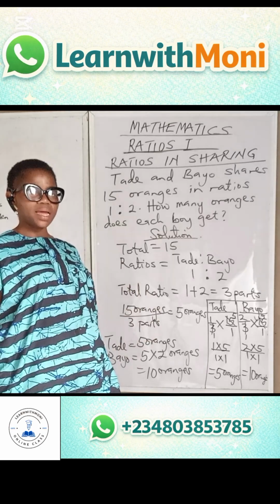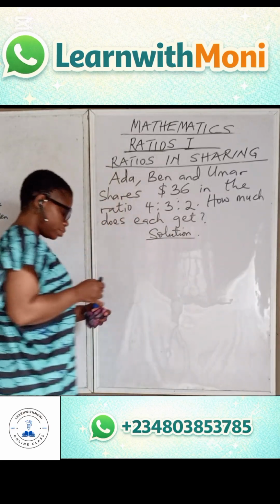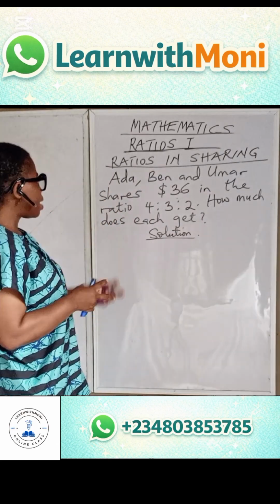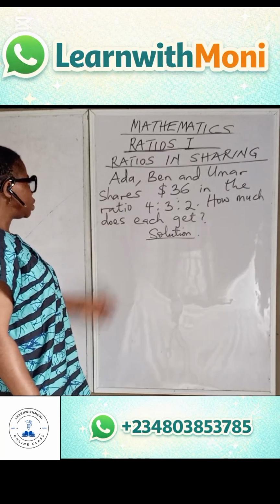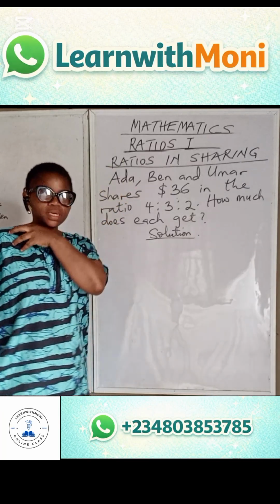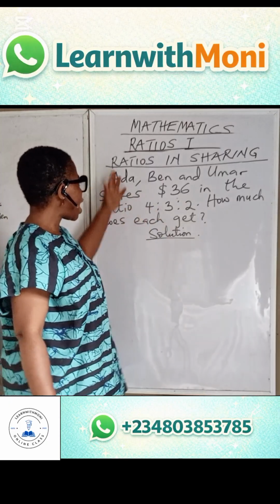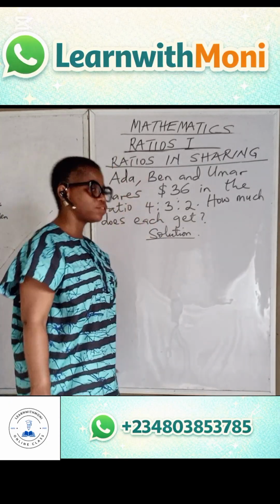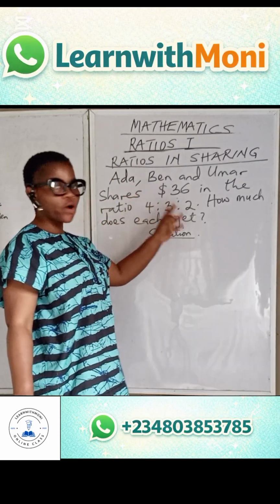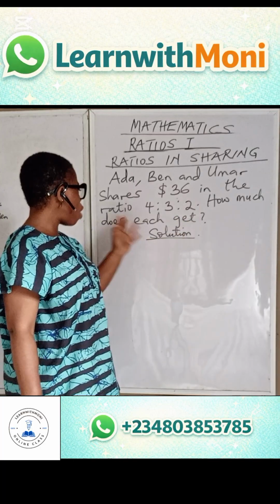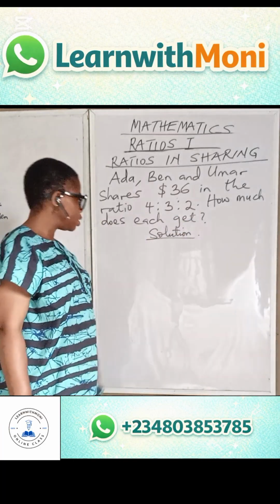Let's look at another example. Okay, look at this question. Ada, Ben, and Umar share $36 in the ratio 4 to 3 to 2. How much does each child get?